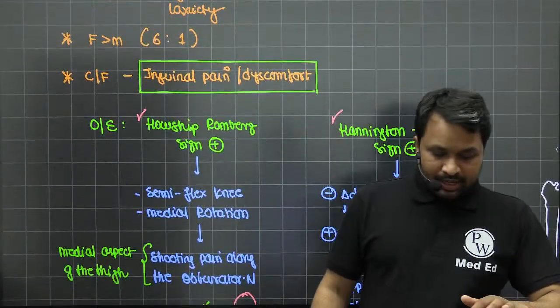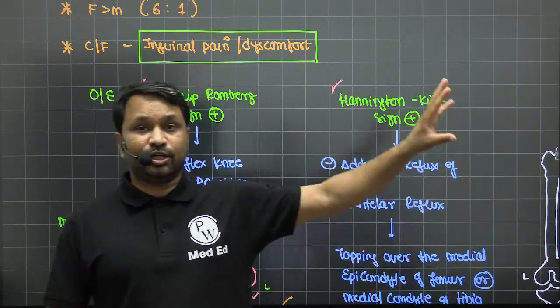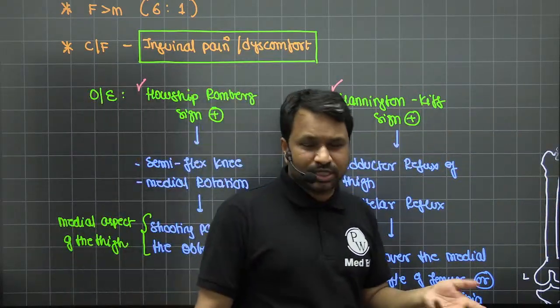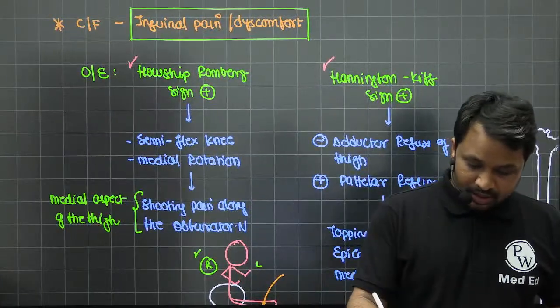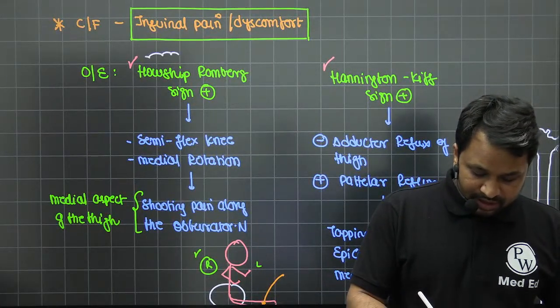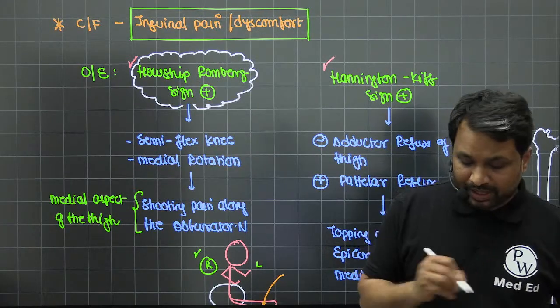Now when you talk about the presentation, they usually do not have a classical presentation of hernia. They usually present as pain in the inguinal region or discomfort. When you examine, there are two signs. One is the Howship-Romberg sign. When you have a semi-flexed knee with medial rotation of the hip, you will be able to elicit pain along the obturator nerve.